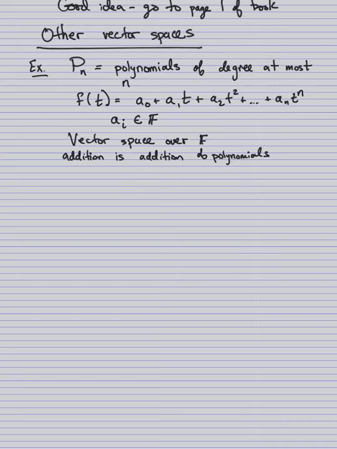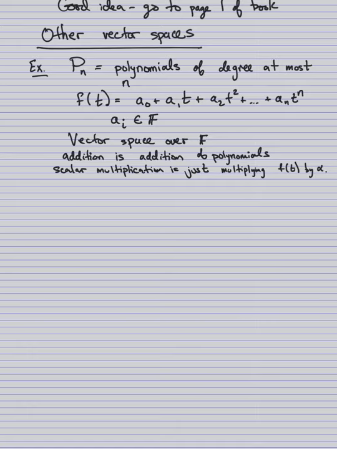And scalar multiplication is just multiplying the ai's by the scalar, so multiplying the polynomial by a scalar.